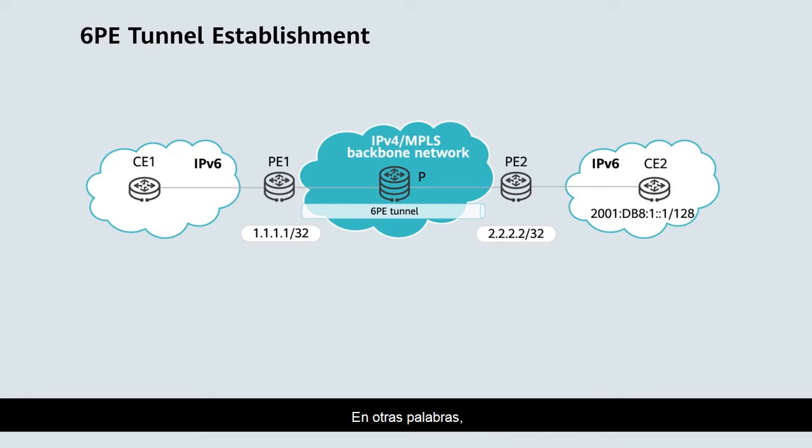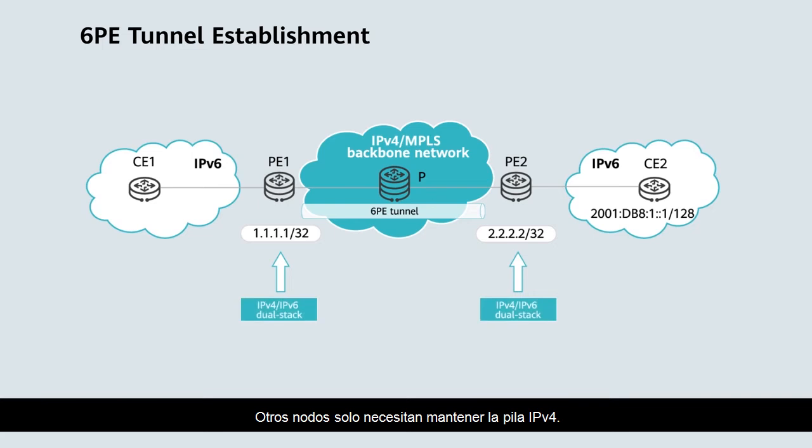In other words, IPv4 or IPv6 dual stack must be enabled on border routers between the IPv4 and IPv6 networks. Other nodes only need to maintain the IPv4 stack.